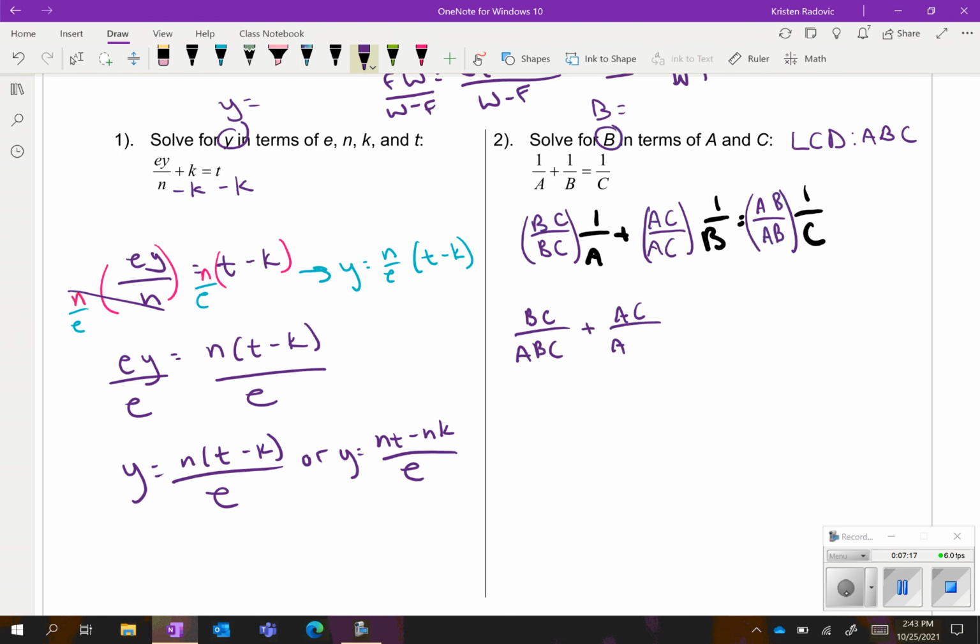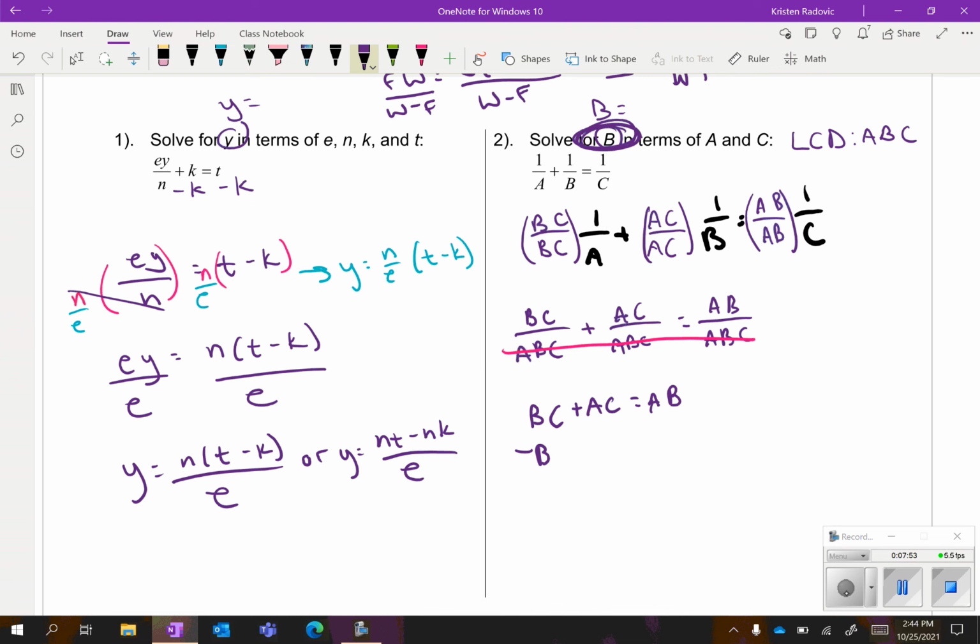And remember, we are trying to get B by itself. So we need to get B on the same side of the equation, whether it's the left or the right, I don't care. I'm going to bring my BC over to the right, but if you wanted to, you could have brought the AB to the left. Now I'm going to have AC equals AB minus BC, for which now there is a GCF because they both have a B in common.